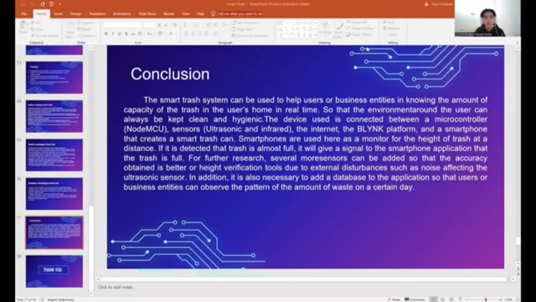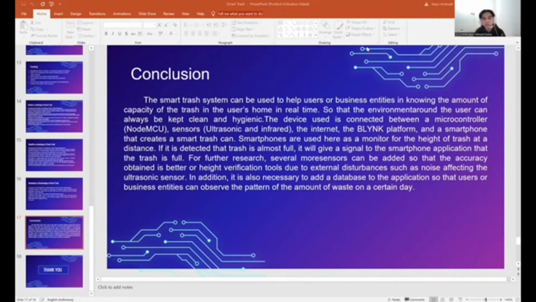Okay, now I want to explain the conclusion. The smart trash system can be used to help users or business entities know the capacity of the trash in the user's home in real time, so that the environment can always be clean and hygienic.